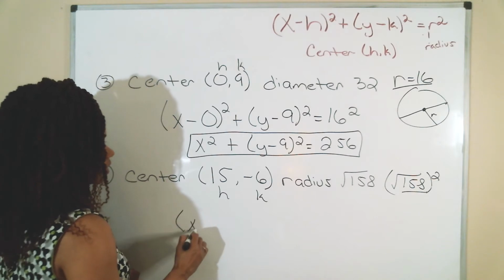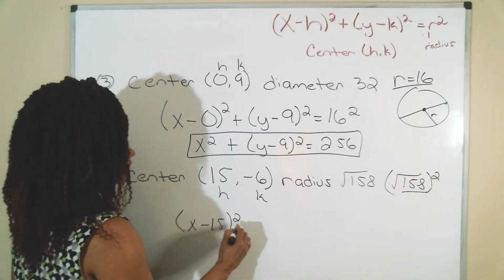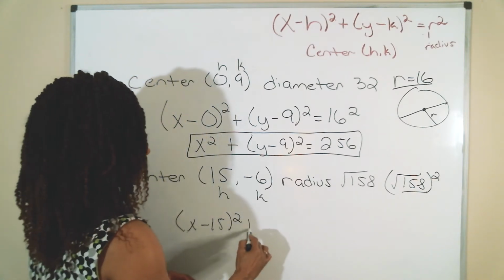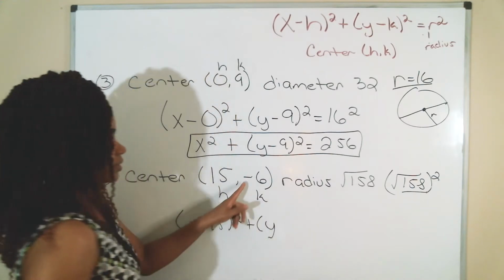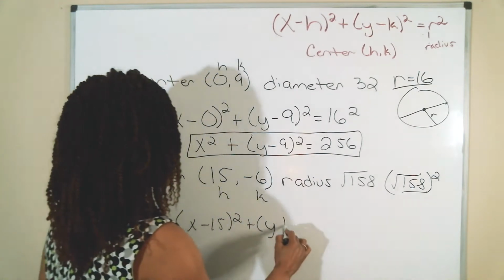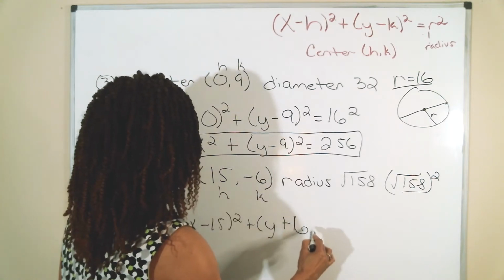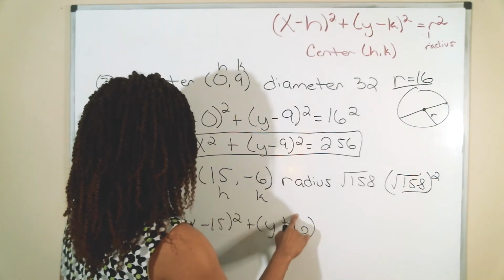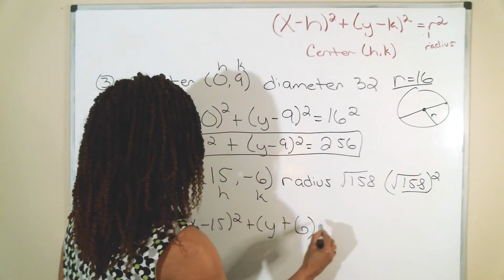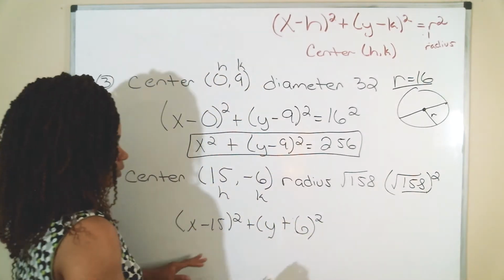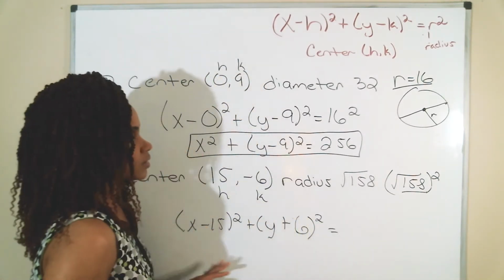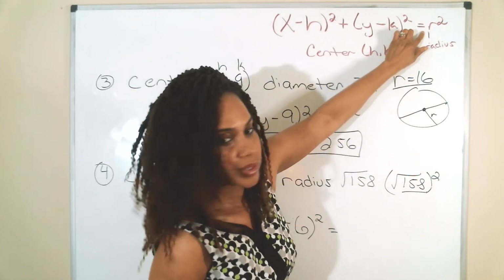x minus 15 squared plus y, since that's a minus 6, that would be plus 6, squared is equal to, so our radius squared, right?